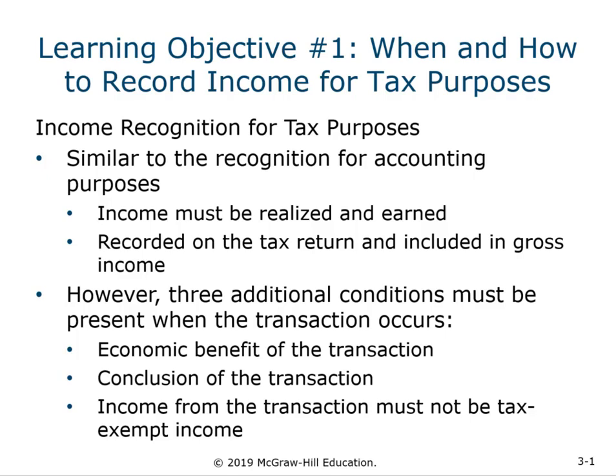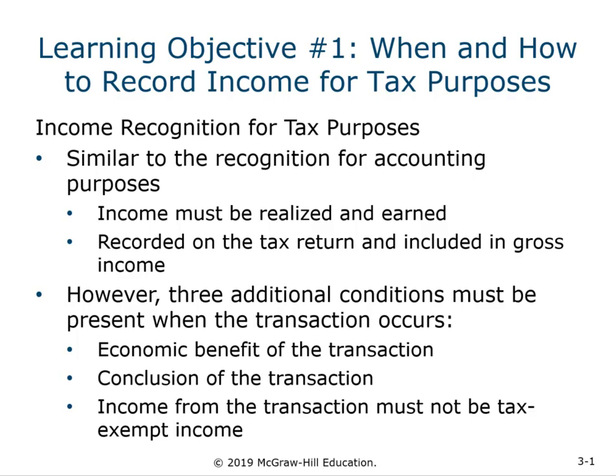The key idea is that things are recognized. When we use the term recognized in tax law, that means it is actually put on the tax return somewhere on the 1040.